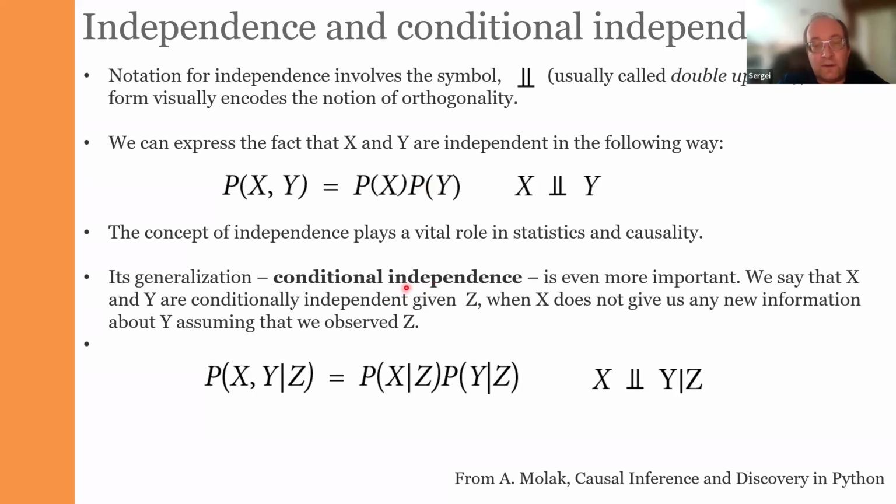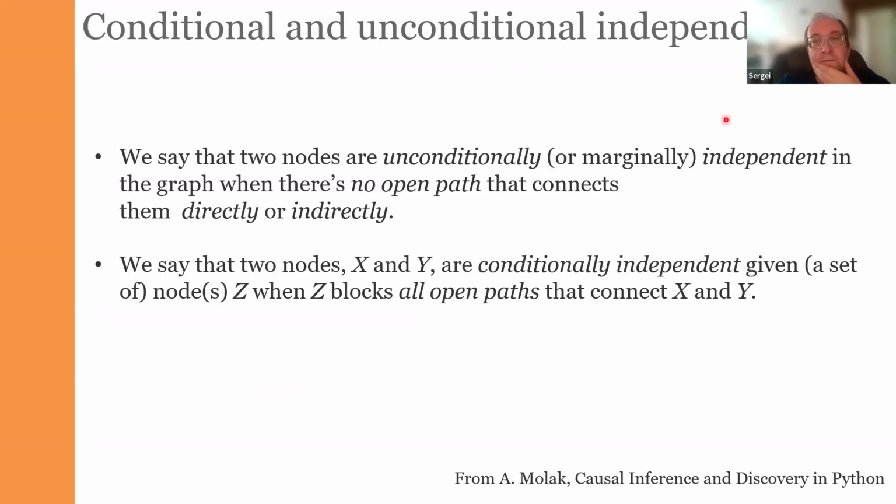An extension of this concept is so-called conditional independence. So we say that X and Y are conditionally independent given Z if their conditional probabilities are independent.